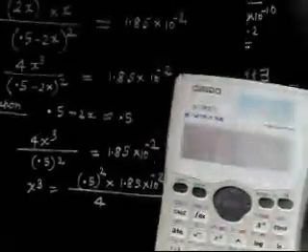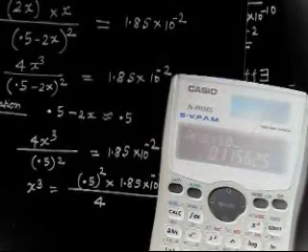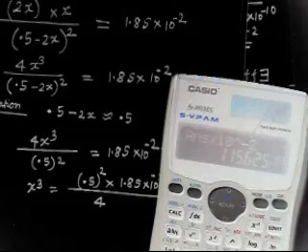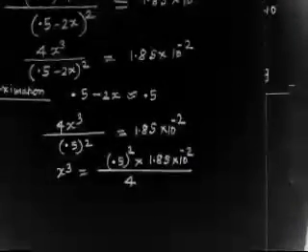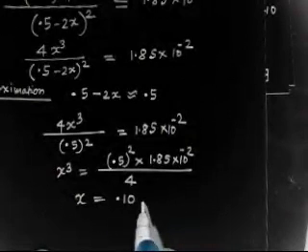This comes out to be 0.115 multiplied by 10 to the power minus 2. And then I have to take the cubic root of this. The answer comes out to be 0.1049. So X from here comes out to be 0.1049.